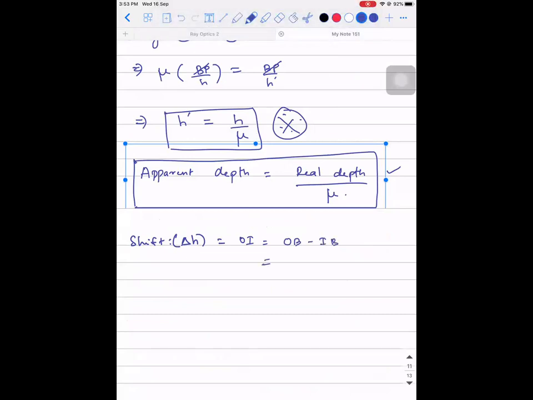What is OB? The real depth, H. What is IB? It is the apparent depth H dash. So H minus H divided by mu, that is H into (1 minus 1 by mu), will be the formula for apparent shift also. This is another important expression to be remembered.